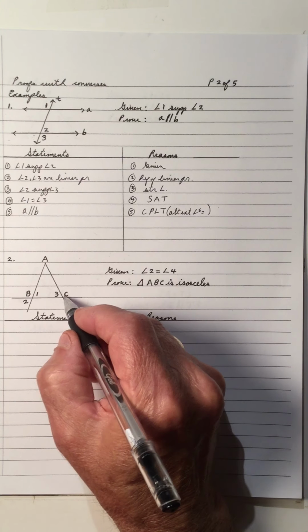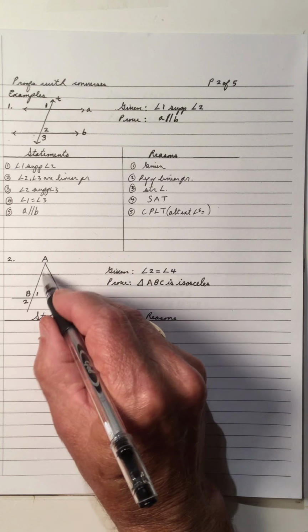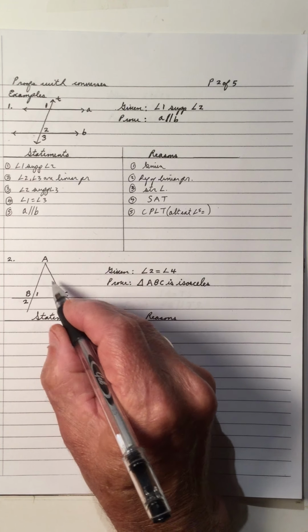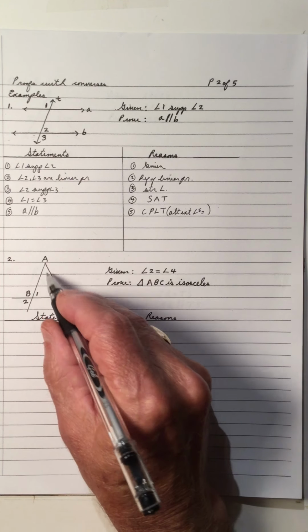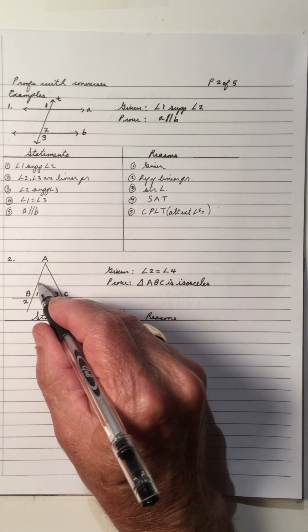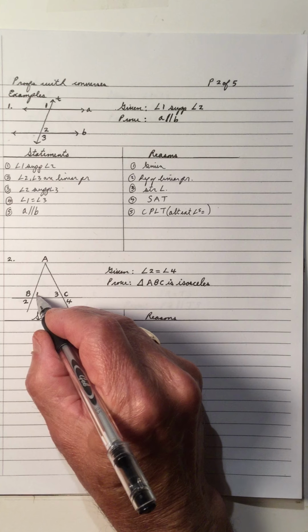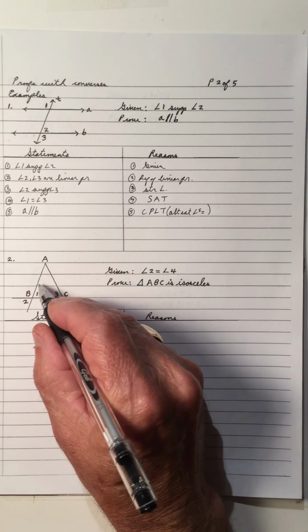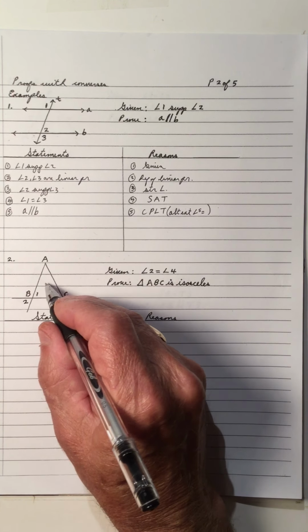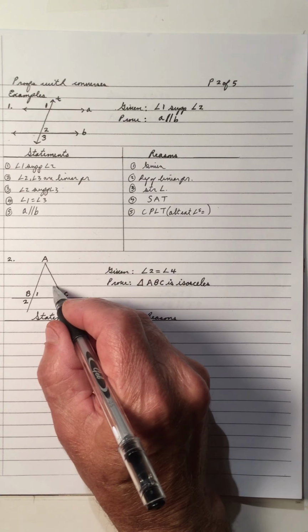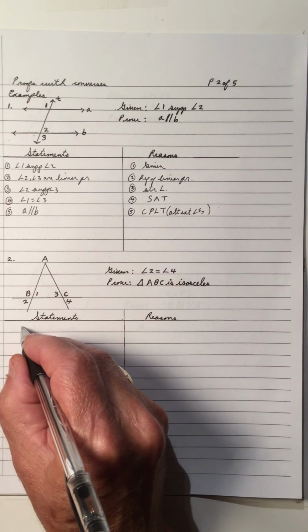If this is isosceles, it looks like AB is going to equal AC. There are no congruent triangles, so I'm going to have to get these two sides equal. If I can get angle 1 equal to angle 3, then these sides will be equal by the converse of the ITT.